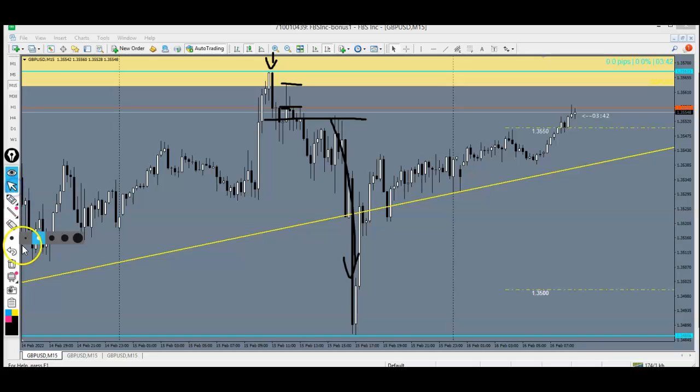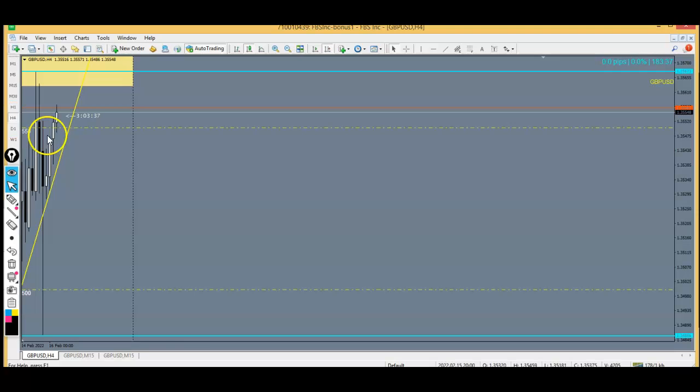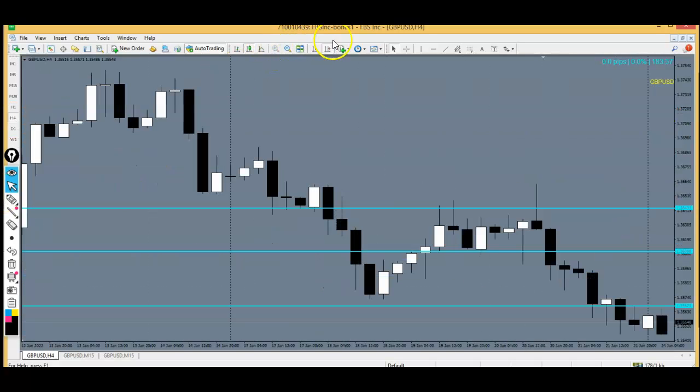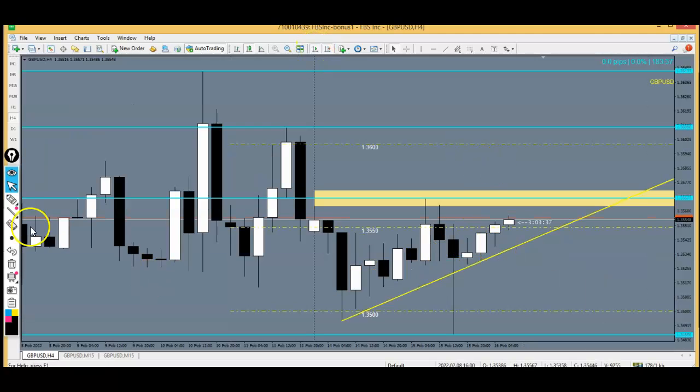Okay, so if you don't trade the 15 minutes time frame, that's fine. If you trade the higher time frames, that's also fine. What we'll do is just stick to your process, and say on that particular time frame where you're trading, what do you expect?